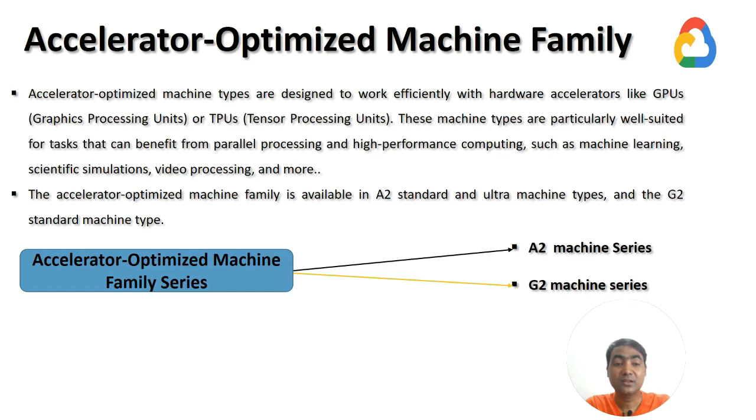The accelerator-optimized machine family is available in A2 standard, A2 ultra machine types, and G2 standard machine types.